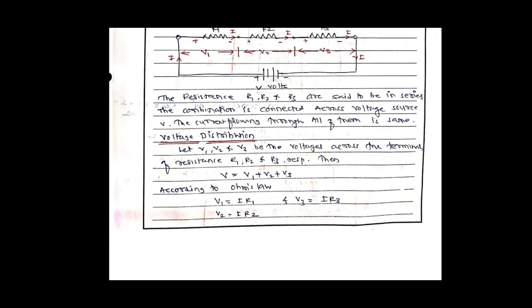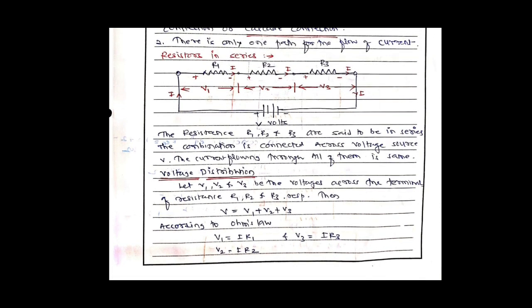So, as you know, V is equal to V1 plus V2 plus V3. This is the KVL law, because KVL indicates the algebraic sum of all voltages is always equal to 0 at any time.